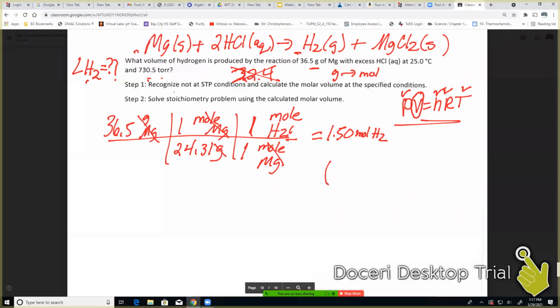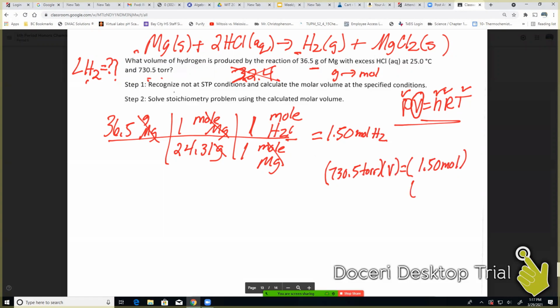So we go back, our pressure was 730.5 torr. My volume is what I'm trying to find. My moles is what I use my stoichiometry for, 1.50 moles. I have to just do them.